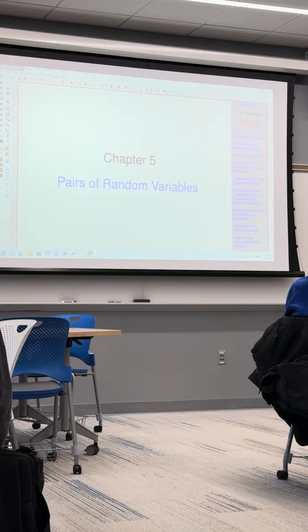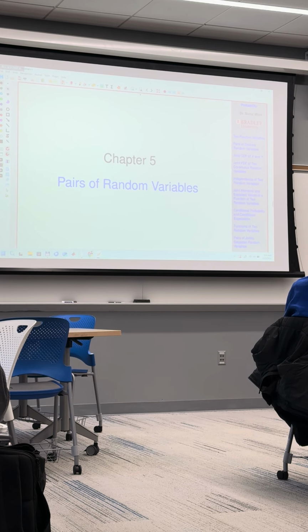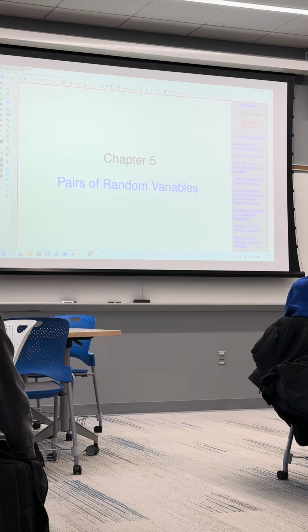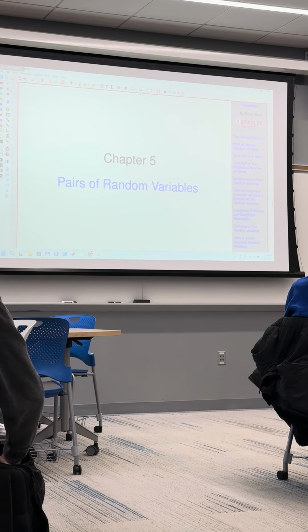Chapter 7, we skip chapter 6 because it will take the attention of chapter 5. So we skip chapter 6. Chapters 7 and 8 will be on statistics, and chapters 9 and 10 will be random processes for electrical engineering.